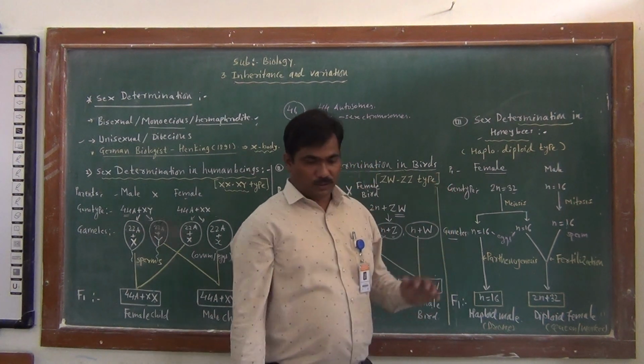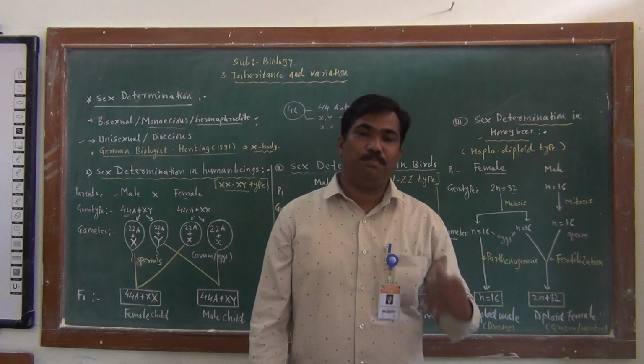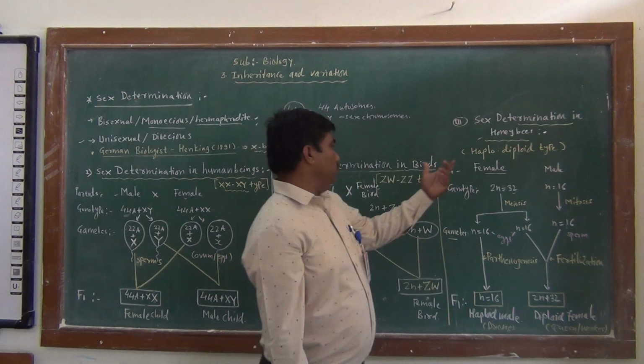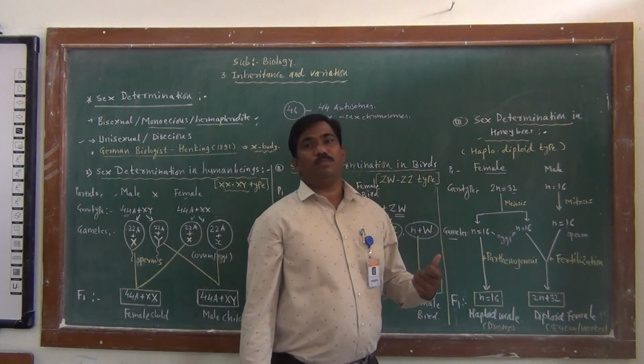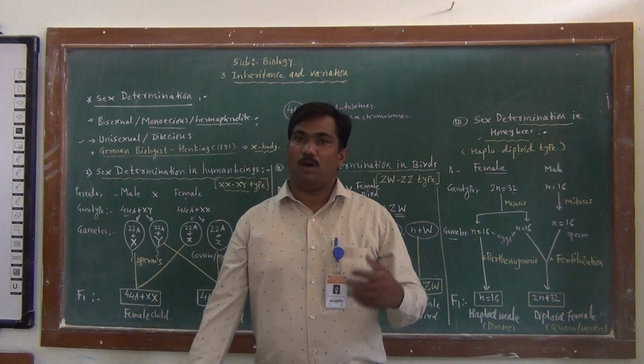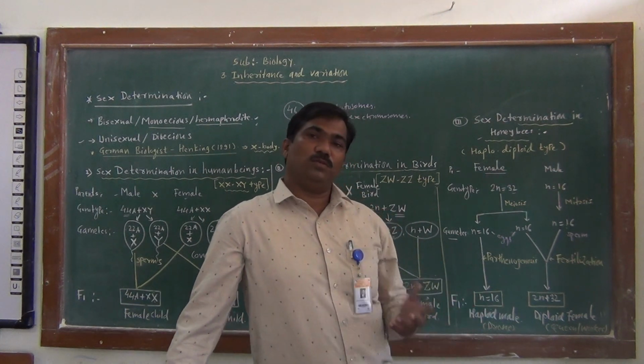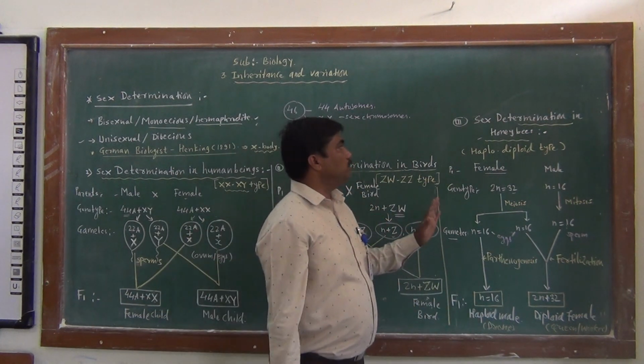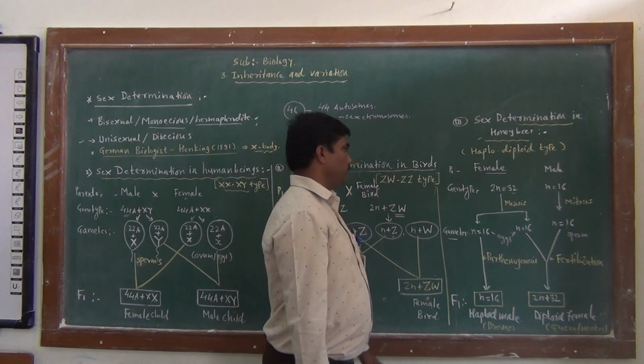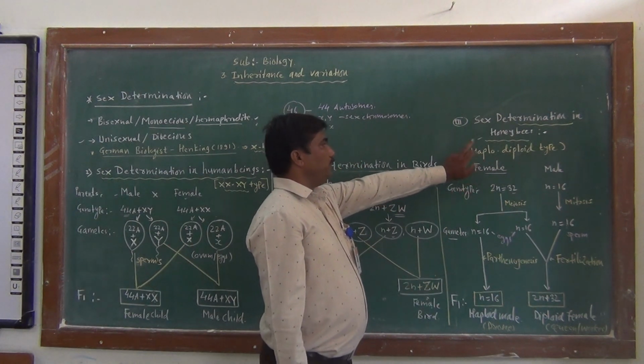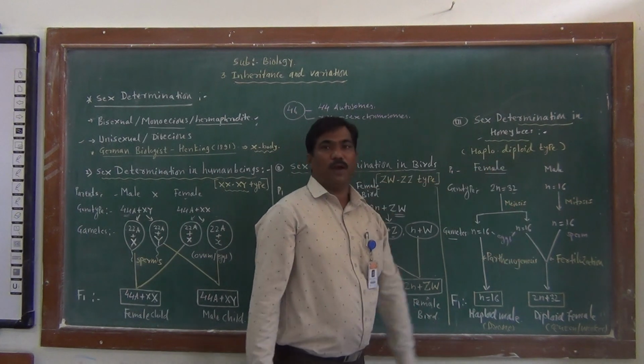The number of sets of chromosomes received decides the sex of the individual. So sex determination in honeybee is haplodiploid type.